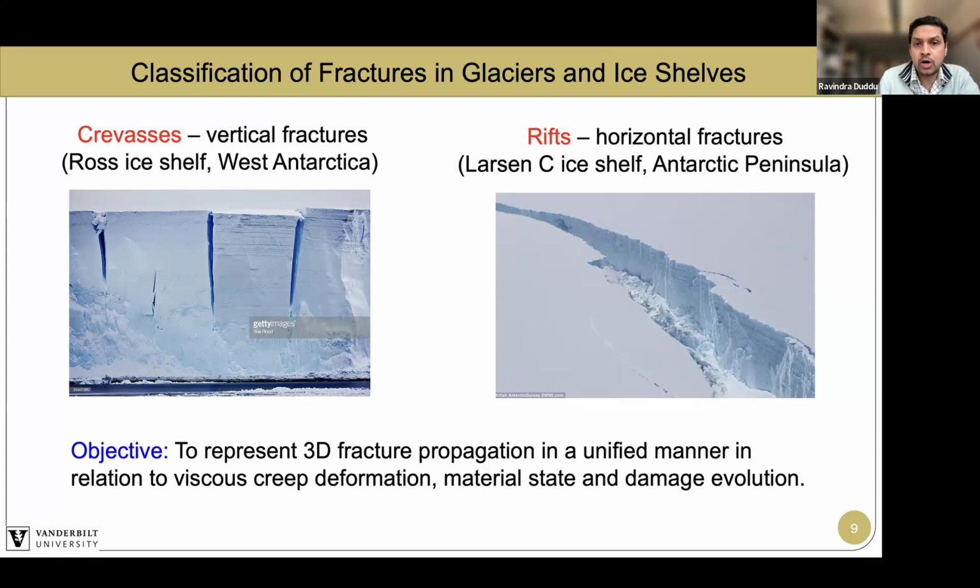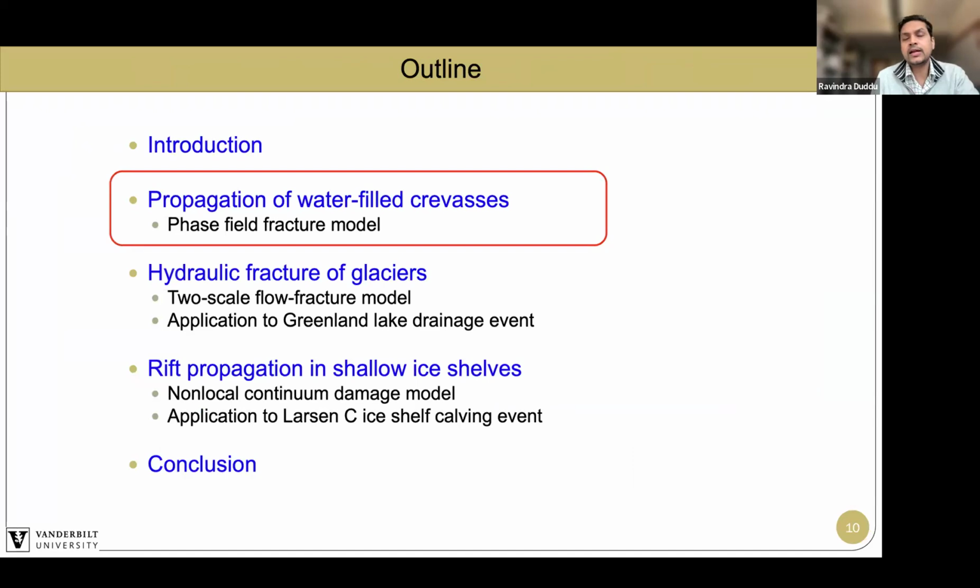So that has been the goal. And with that goal, we started on several different directions.